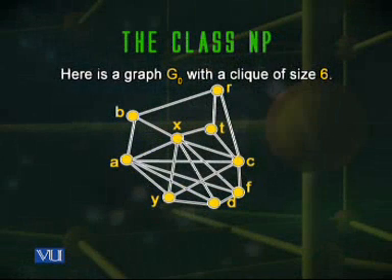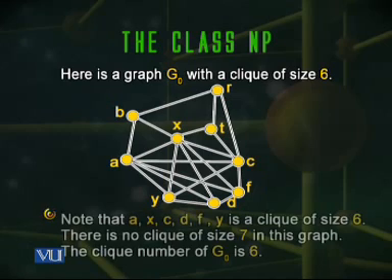Here we've shown you a graph G0 with clique size 6. Let us note that if I take the vertices A, X, C, F, D and Y, that is a clique in the graph. That is a complete graph or a complete subgraph in this graph.